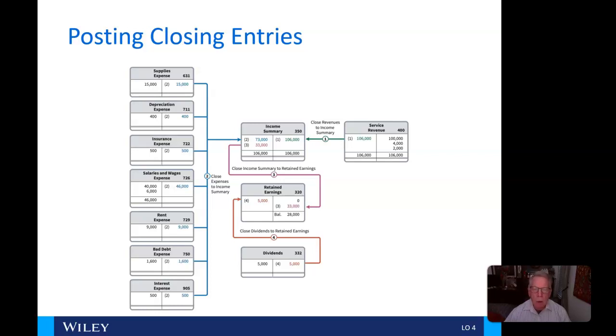And then that balance goes into retained earnings, with dividends being a subtraction from retained earnings, giving us a balance of 28,000. All right, so the dividends accounts are zeroed out, the expense accounts and revenue accounts are zeroed out.